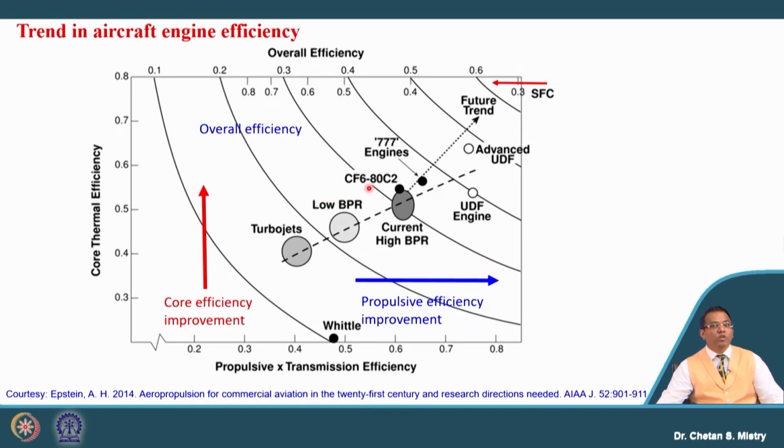Now, we are moving in this direction where we want improvement in propulsive efficiency, thermal efficiency, overall efficiency, and these lines represent the specific fuel consumption. So, we are moving more towards fuel economy, and that is where we have the unducted fan engine and the advanced unducted fan engine. As we move ahead, we will be discussing the future engines also in this course.